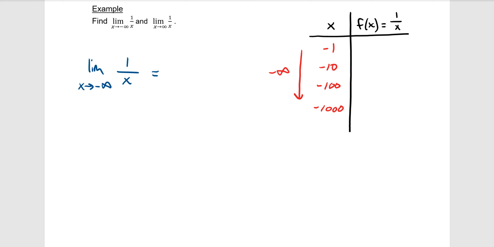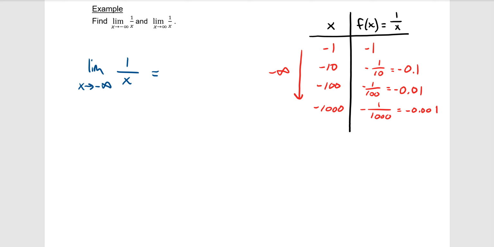If we plug them in, it's 1 over x. So 1 over negative 1 is negative 1. 1 over negative 10 is negative 1/10, which is negative 0.1. And then we have negative 1 over 100, which is negative 0.01. Negative 1 over 1,000, which is negative 0.001.